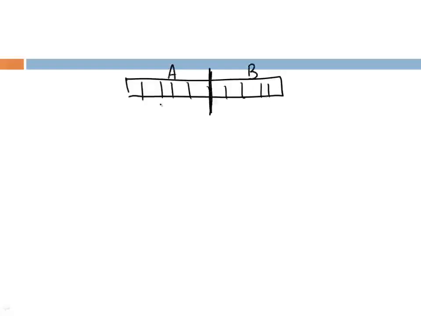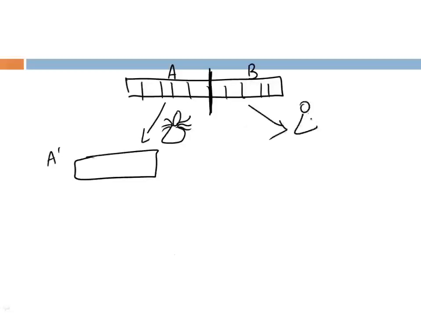Since the left and the right arrays are smaller, I can call the recursion devi on the left half of the array and ask her to sort that, and I'll get this sorted list A prime. And I can call the recursion devi on the second half and ask her to sort that, and it'll result in this array B prime.